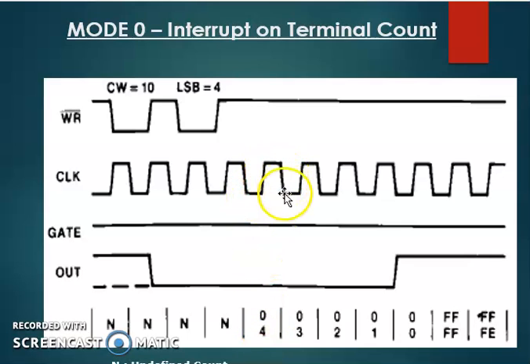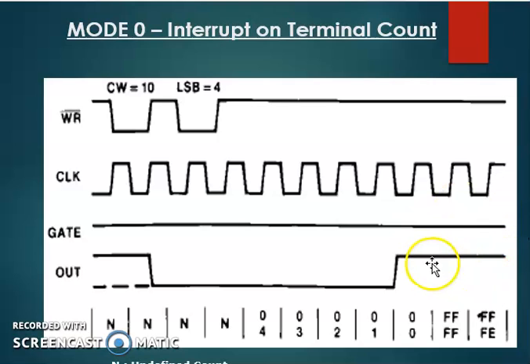After one clock cycle it has become 3, after the next clock cycle it has become 2, and then 1. Once it has reached its end value, on the terminal count the out value will become high, which was earlier 0. Now on reaching the terminal count it has become 1.